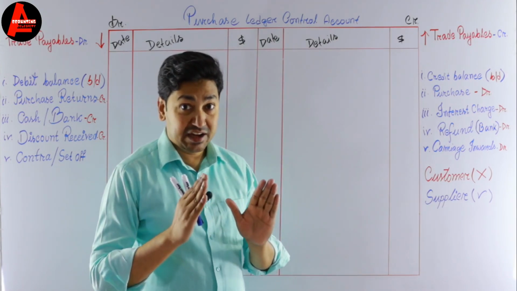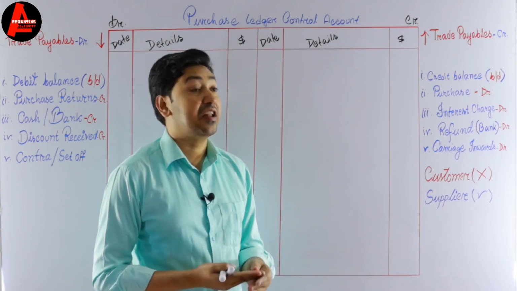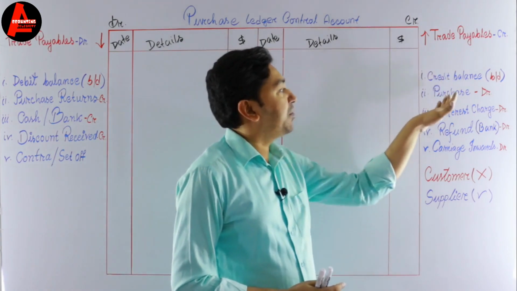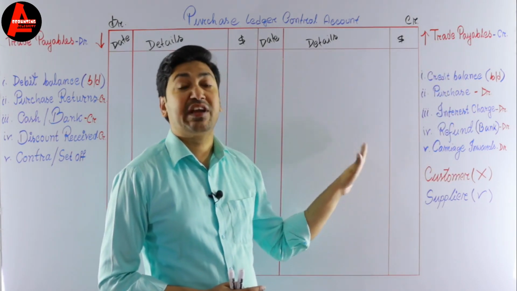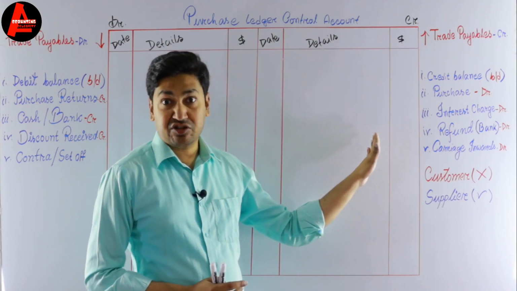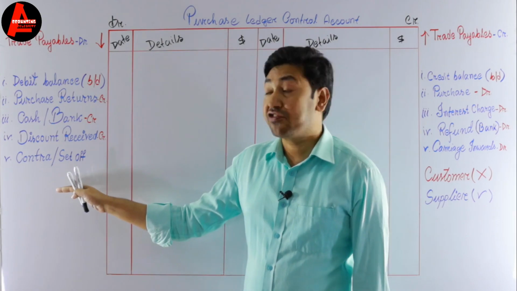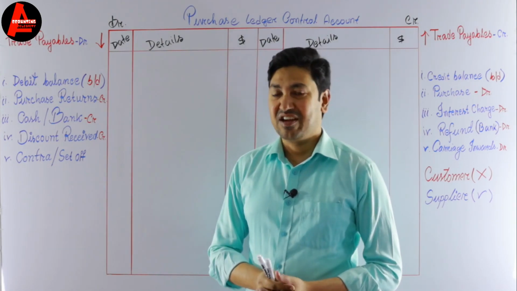Very easy tactic to understand. Still, if you are confused about whether your trade payables are increasing or decreasing, no matter, just remember these items. There are only 5 items recorded on the credit side of the purchase ledger control account, and only 5 items you enter on the debit side.